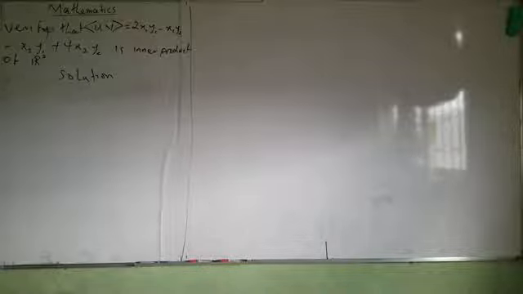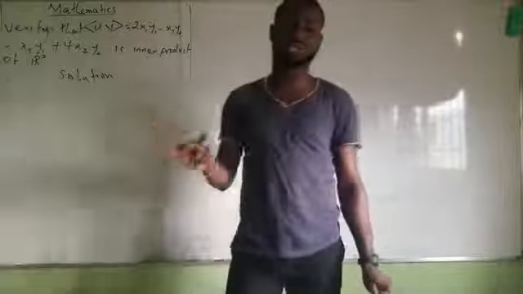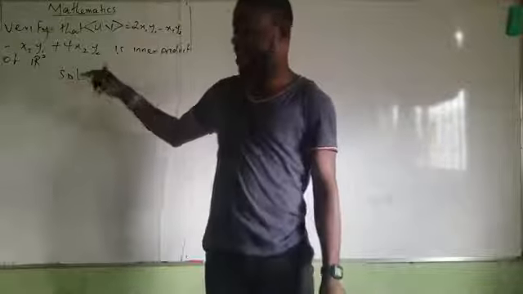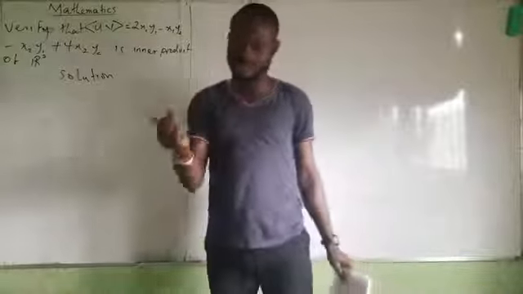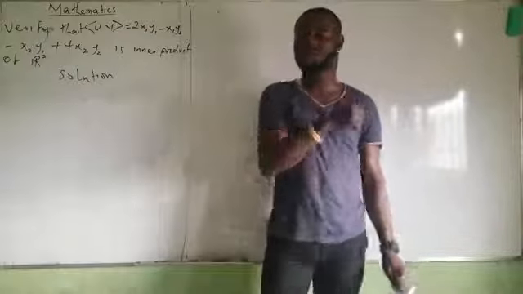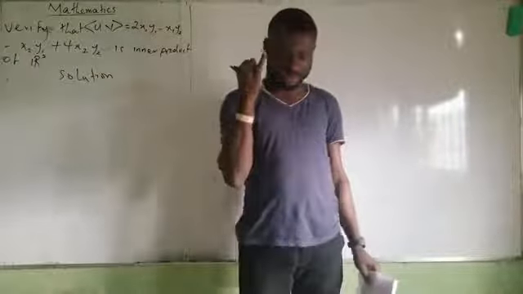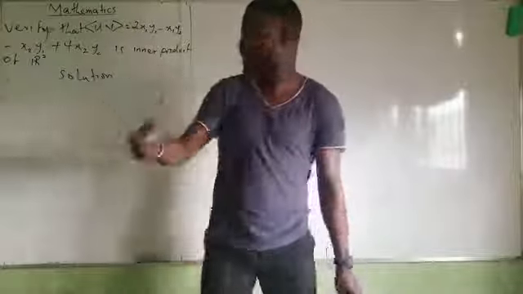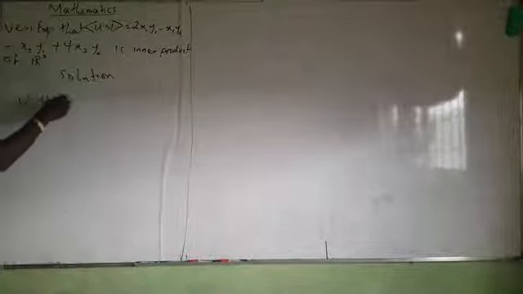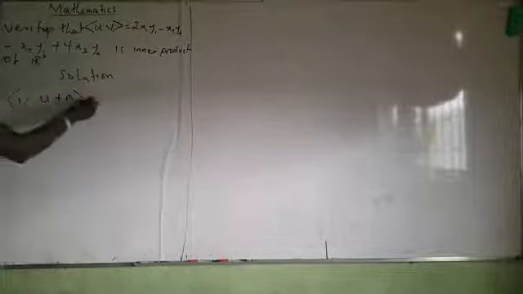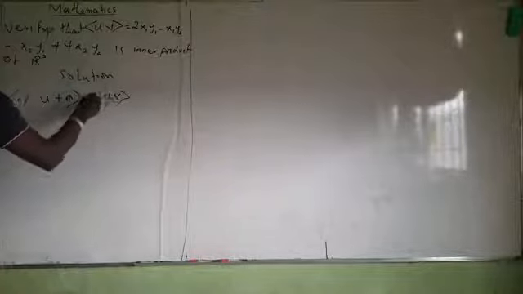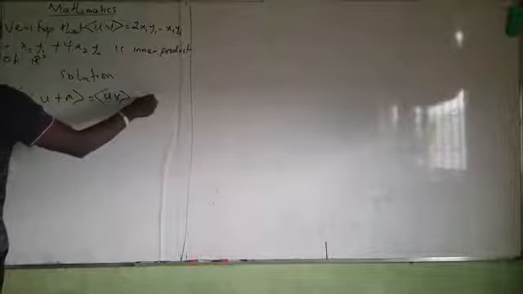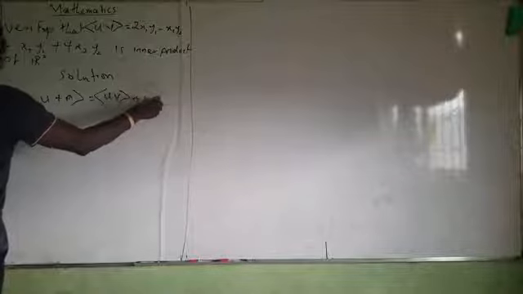Now, the first thing I will explain: you have to understand the four conditions I gave you, which I wrote at the beginning of the video. If you do not have it, please go back to it. We'll be talking about the symmetric property. We'll be talking about when you open this function, like you have <v, u + m>, it means the same thing as <v, u> plus <v, m>.